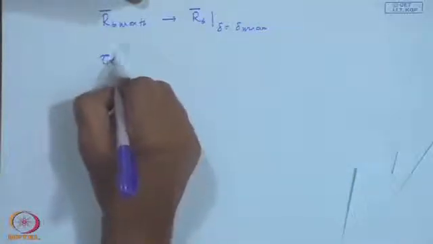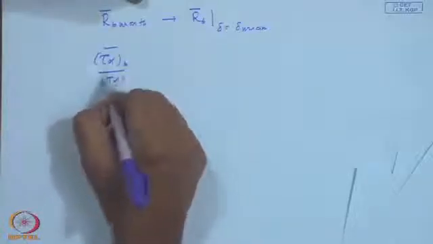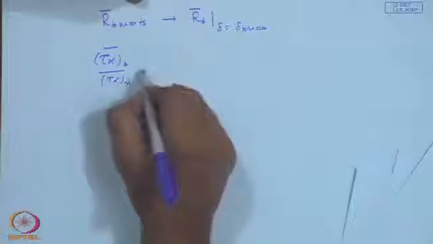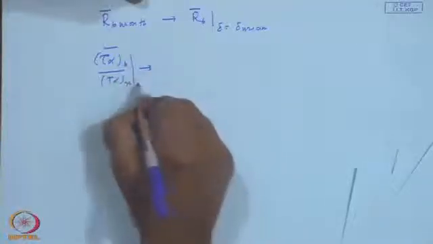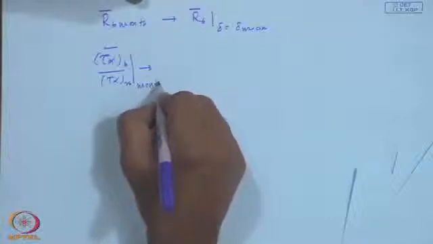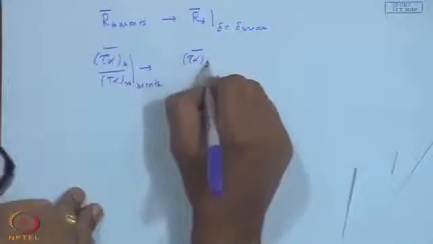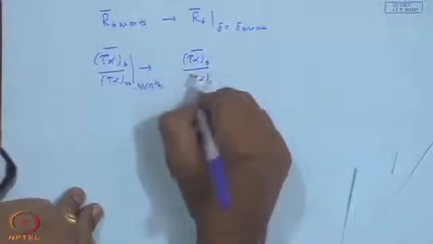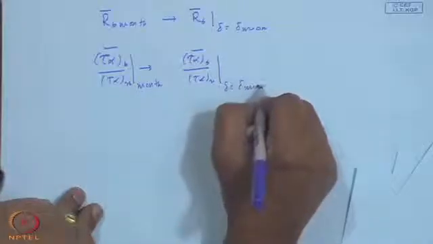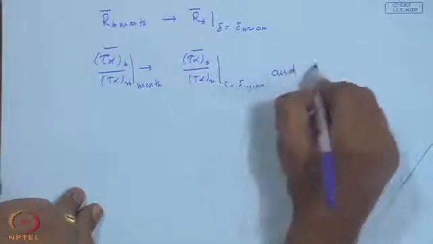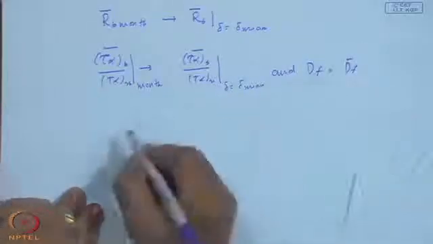So, tau alpha bar B upon tau alpha n also can be calculated for the month with delta equal to delta mean, and now the diffuse fraction will be df bar.